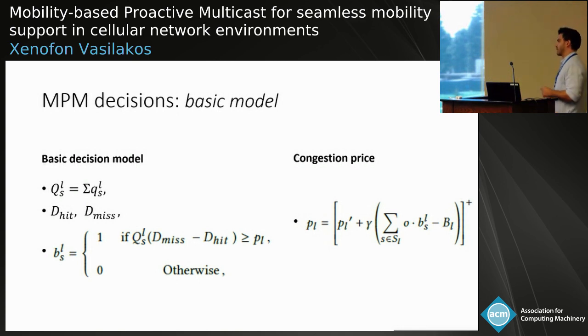It adapts to the current demand conditions, increasing with demand, and when demand drops, it decreases as well. So the idea is that if the expected cost gain is higher than the current price of the backhaul, which you have to use in order to proactively multicast the objects, then you decide to proceed with multicasting S before the mobiles move to this cell. Otherwise, you don't.